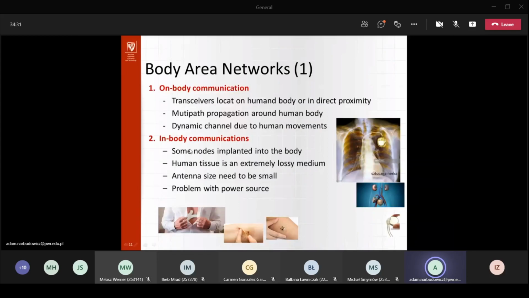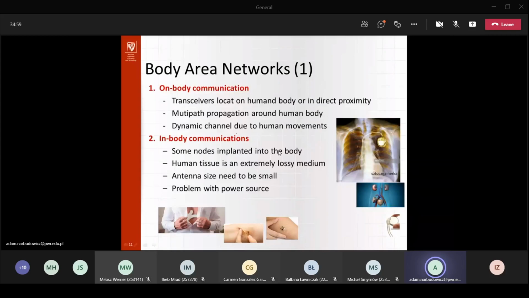And then what's also significant is that the channel can get quite dynamic, simply because of natural movement. If you walk, if you wave your hands, whatever, that would basically change your propagation channel here. And again, the classical problem here would be the smartwatch communicating with the mobile phone in your pocket.